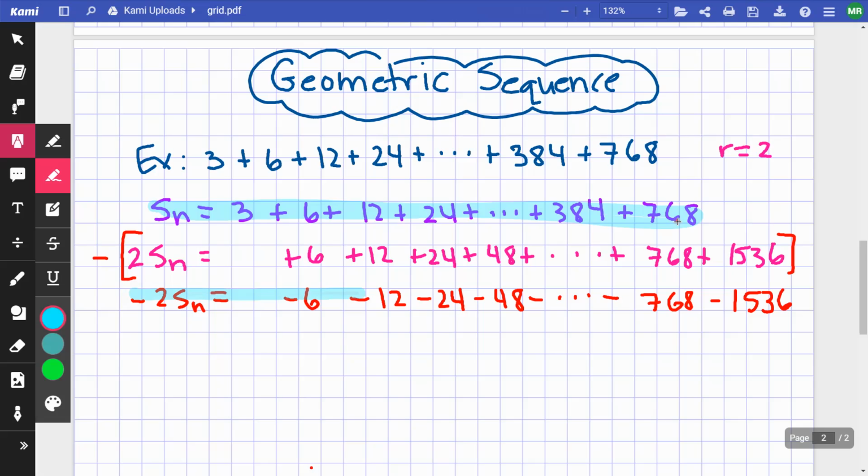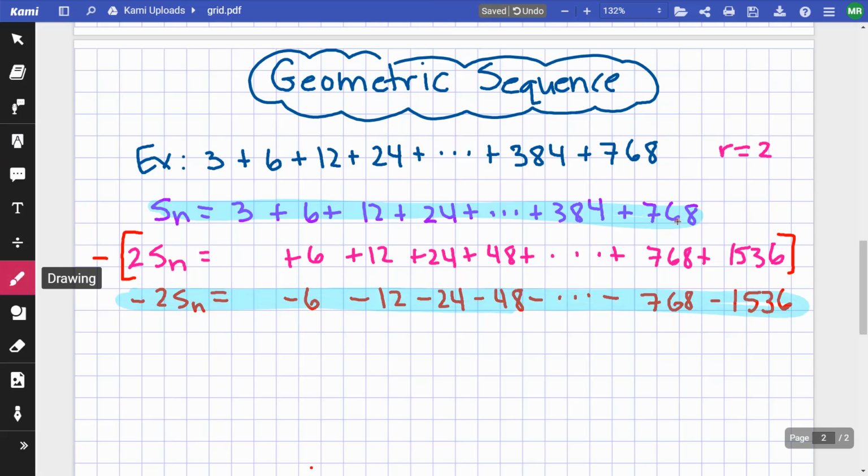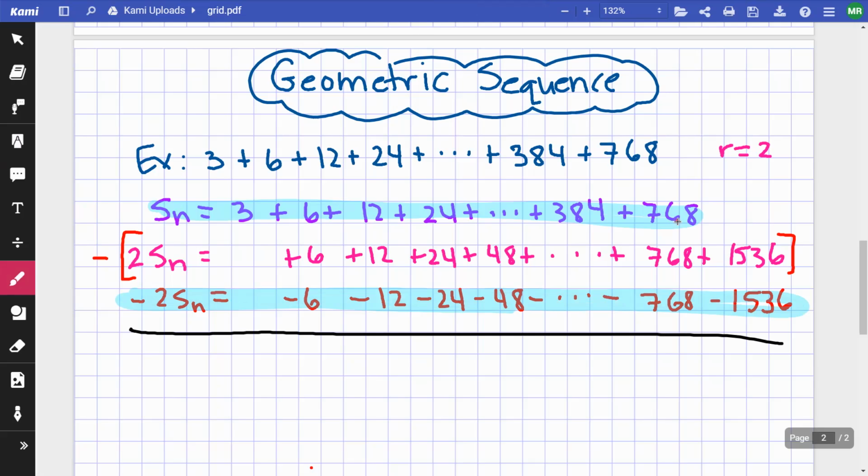And then what I'm going to do is I'm going to take this equation, and I really was minusing with this, but now that I made everything opposite, I can just kind of combine them. So when I do that, I am going to end up getting my S sub n minus 2S sub n is a -S sub n. 3 has nothing to cancel with.